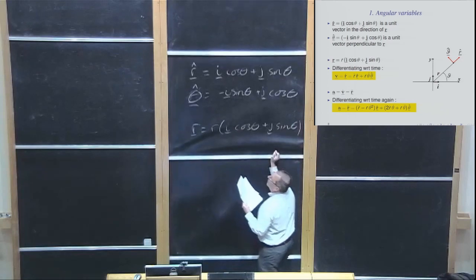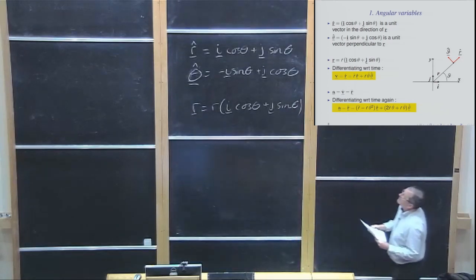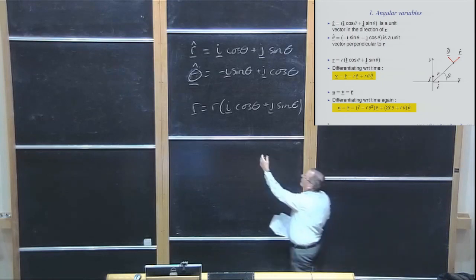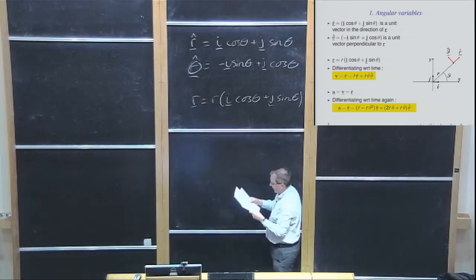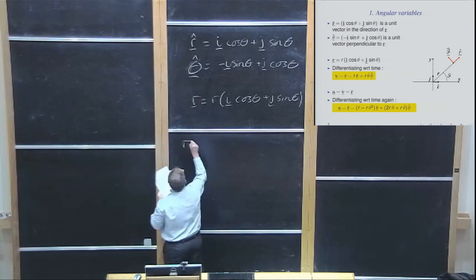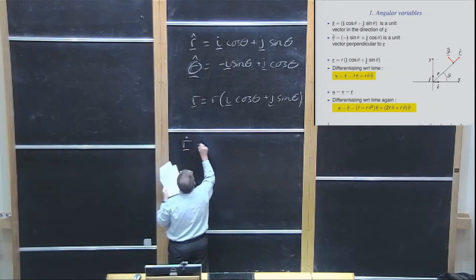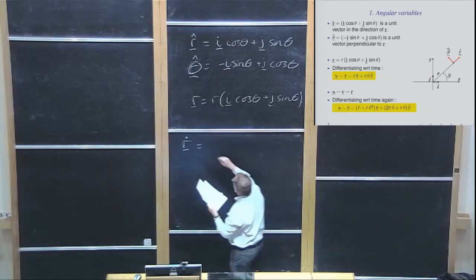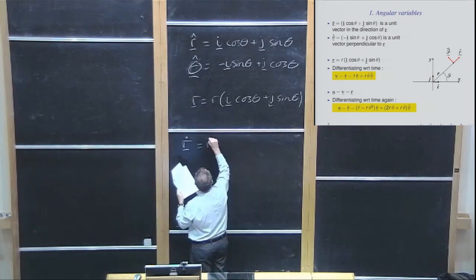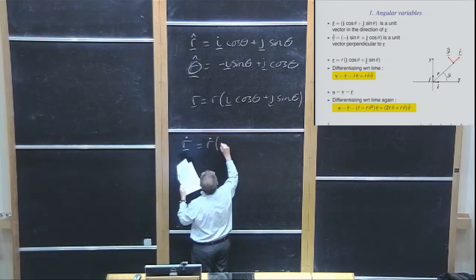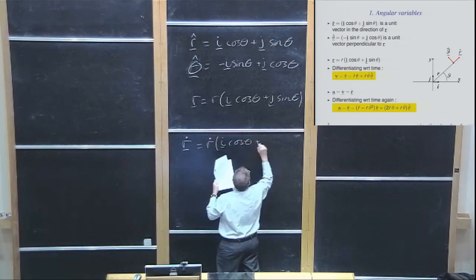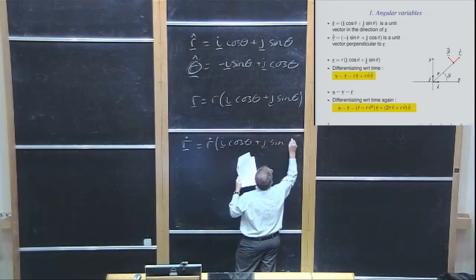Now coming to the couple of lines which aren't on the slide, I want to just remind you how you go from this position vector to the velocity vector, okay? So we have r dot. Firstly, I differentiate the scalar quantity r, I beg your pardon, so that becomes r dot times i cosine theta plus j sine theta.